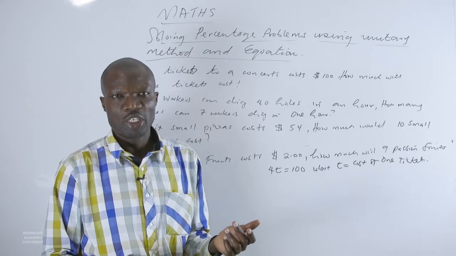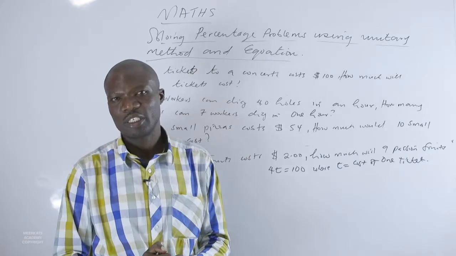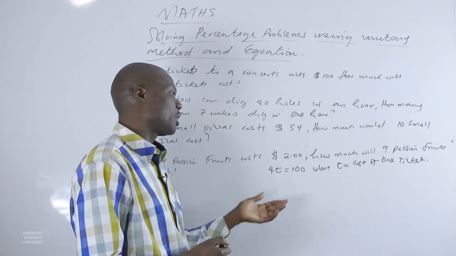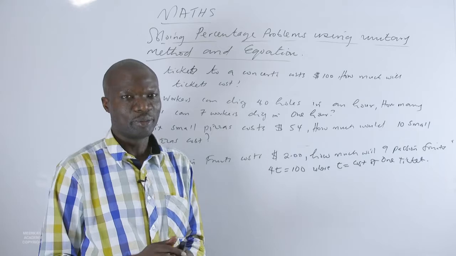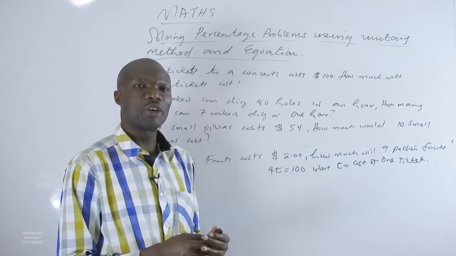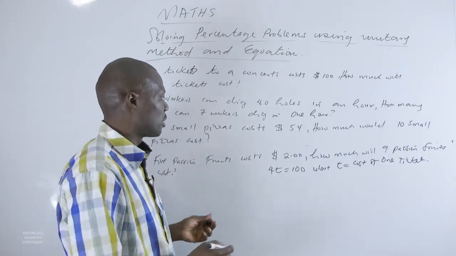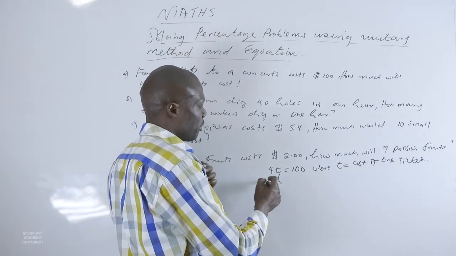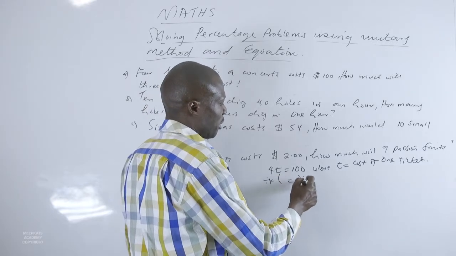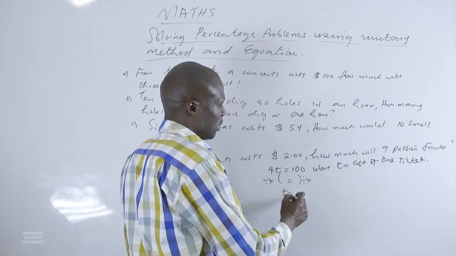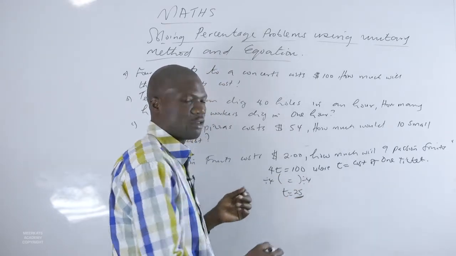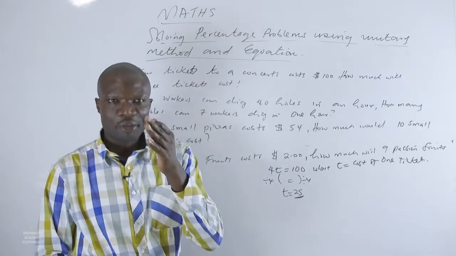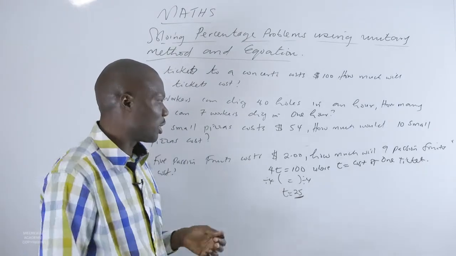To find T alone, you divide this side by 4, and this side by 4, and you get T is equal to $25.